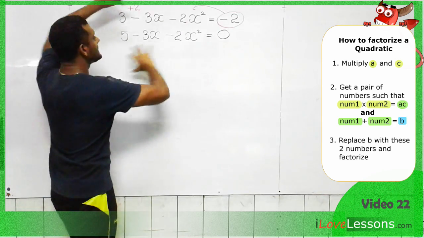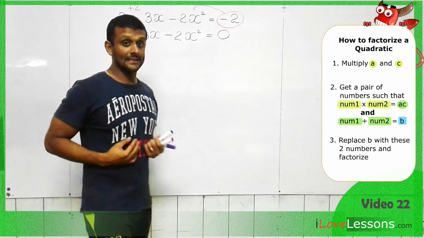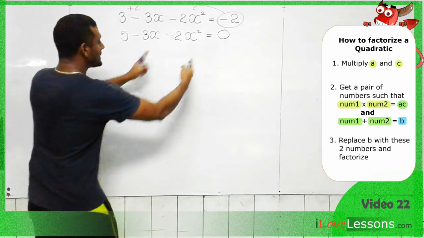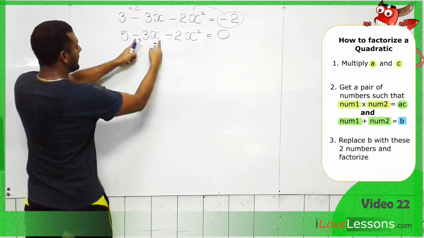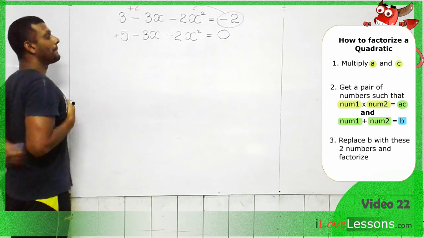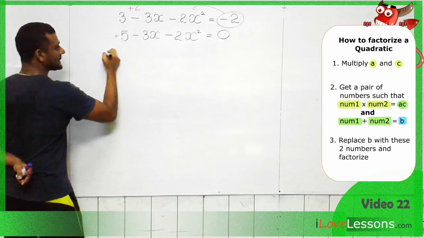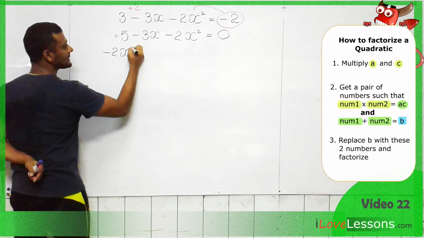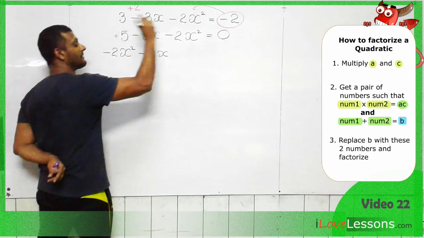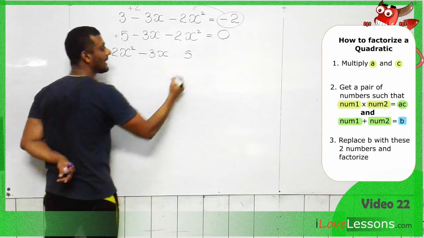So I usually like to rearrange my quadratic so A always comes first, B always comes second, and C comes third. So I'm just going to slide this over here, put it in the middle, and 5 to the end. Keep in mind that this 5 is positive. So let's put the minus 2x squared first, the minus 3x second, and the 5 last.